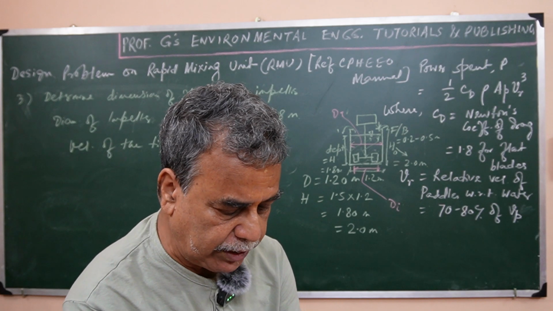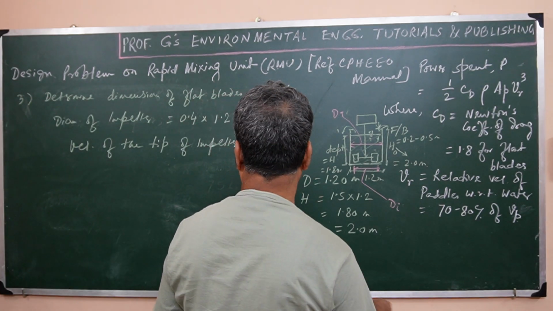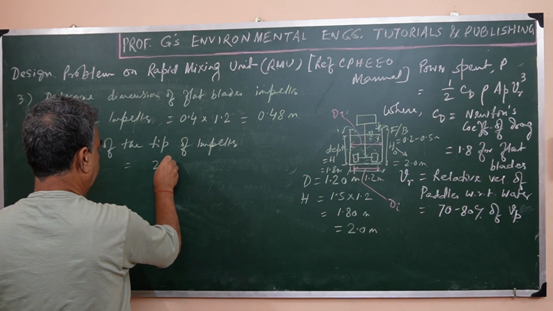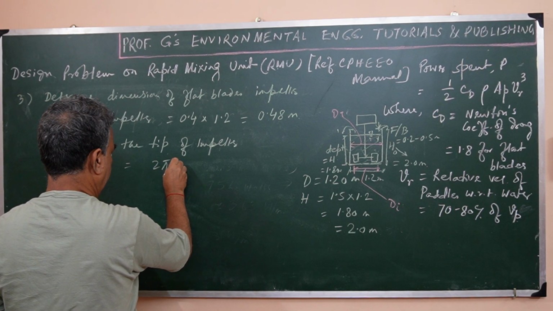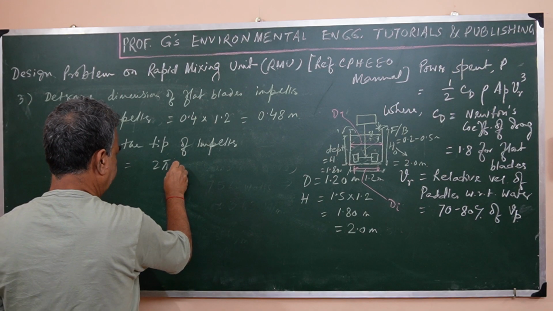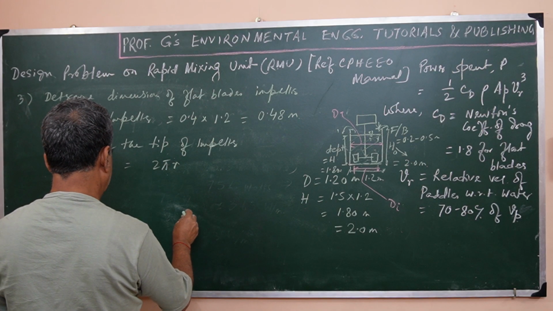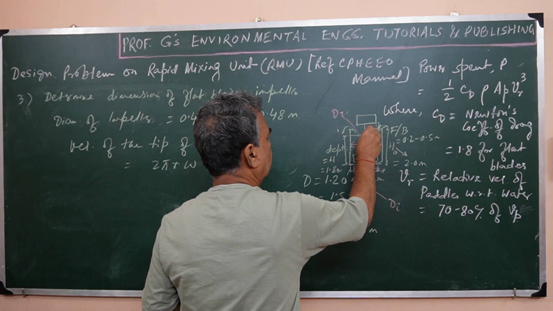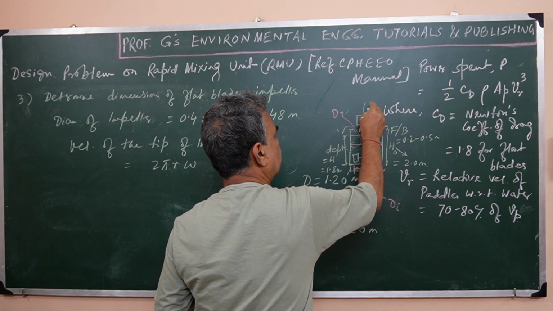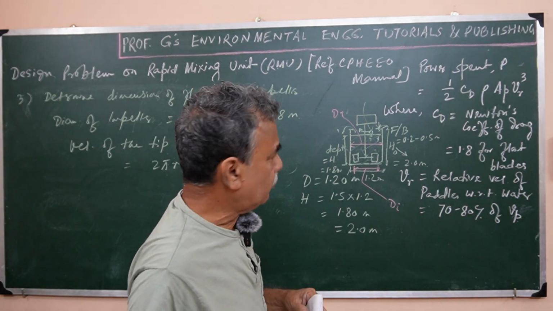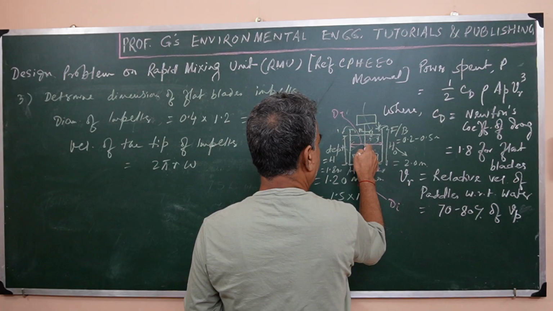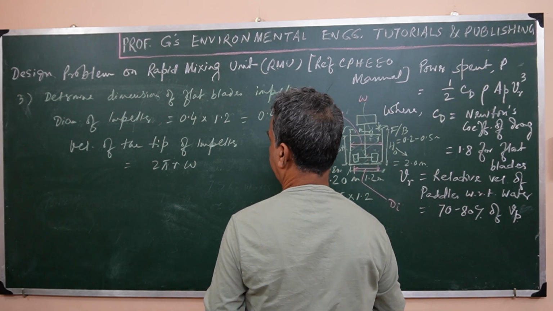So this actually is the tip velocity, that is equal to, as already explained, twice pi, if we take it say r, lowercase r, omega, that is the rotational speed or the velocity of the shaft, that is omega, okay.